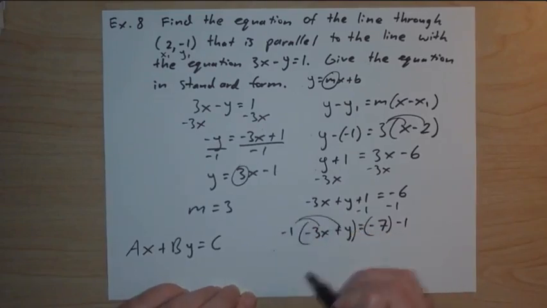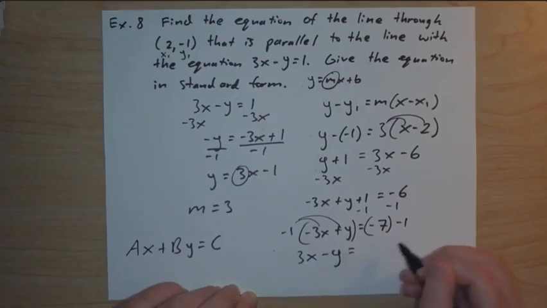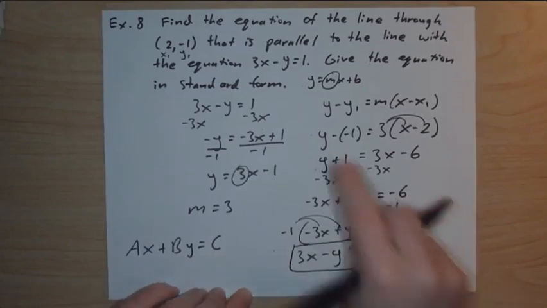Multiplying the left-hand side by -1, -1 times negative 3x is positive 3x. -1 times positive y is negative y, equal to -7 times -1, which is positive 7. So 3x minus y equals 7 is in ax plus by equals c form. So this is standard form. So we've answered the question.